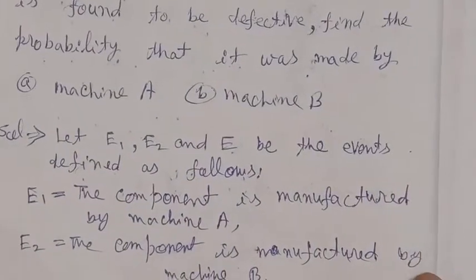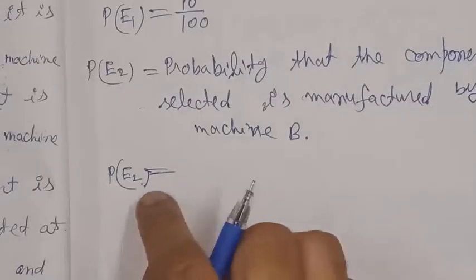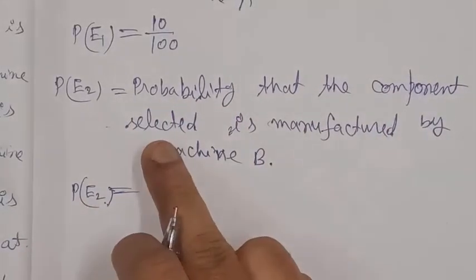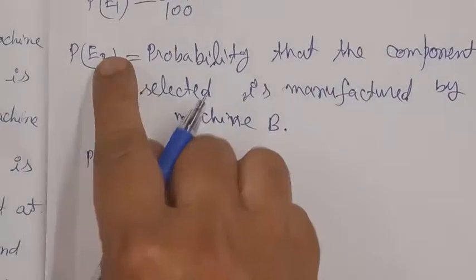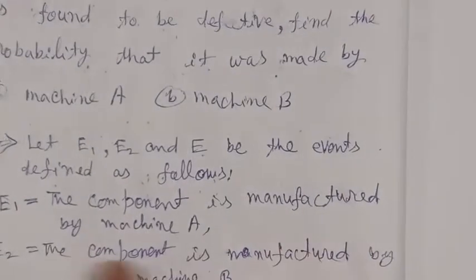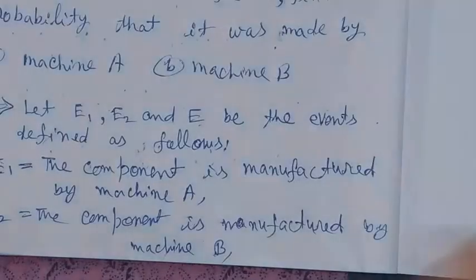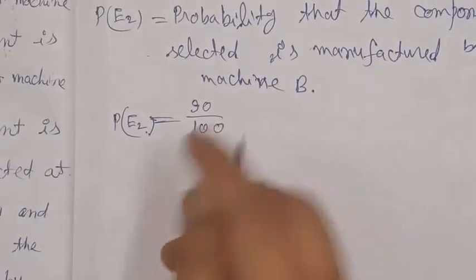E2 is defined as the component is manufactured by machine B, so P(E2) is equal to the probability that the component selected is manufactured by machine B. So we write here 90/100.